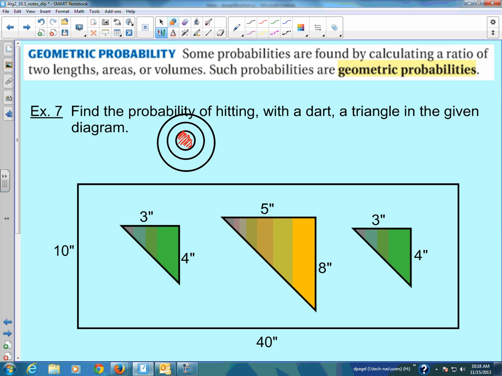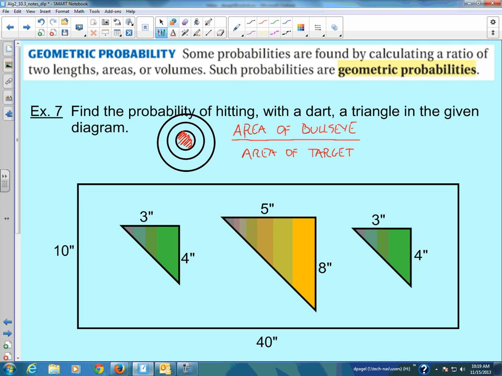If I wanted to find that probability, I would have to know the area of the bullseye, then I would simply take that area and divide it by the area of the target. And there's my probability, geometrically speaking.